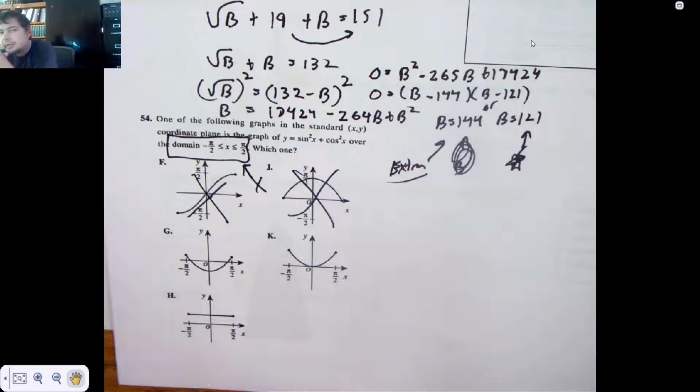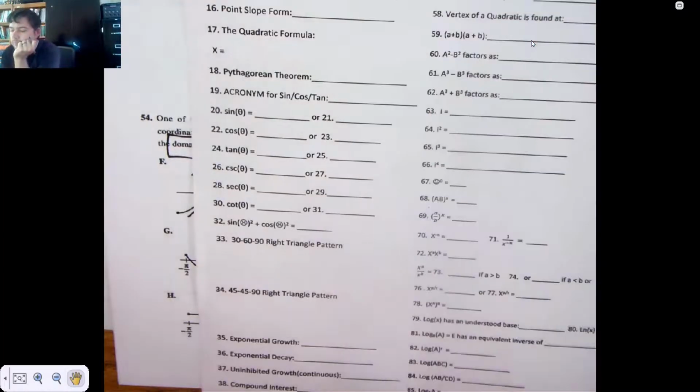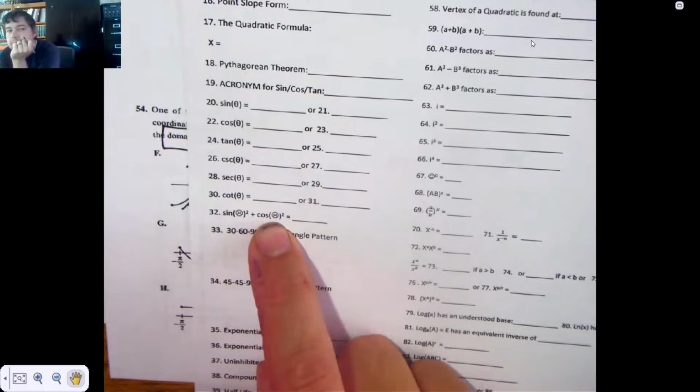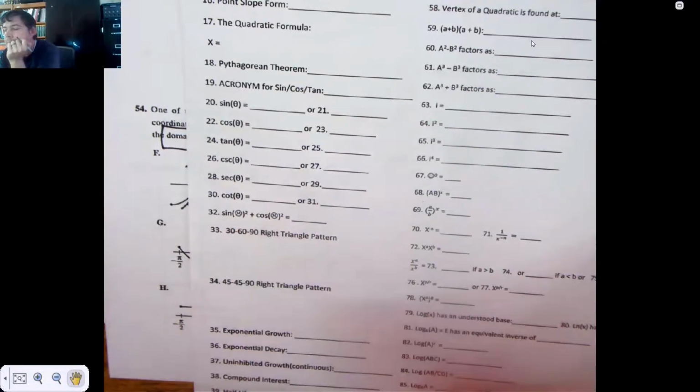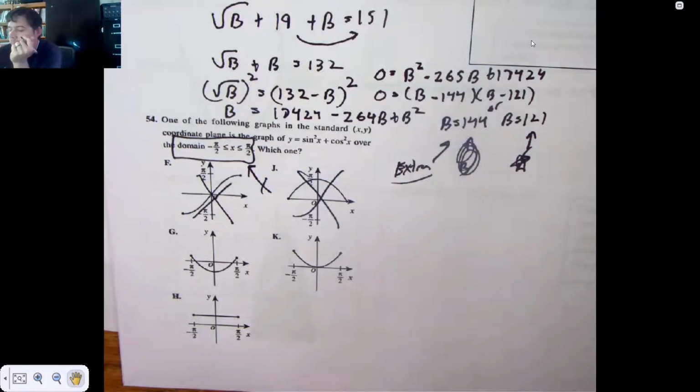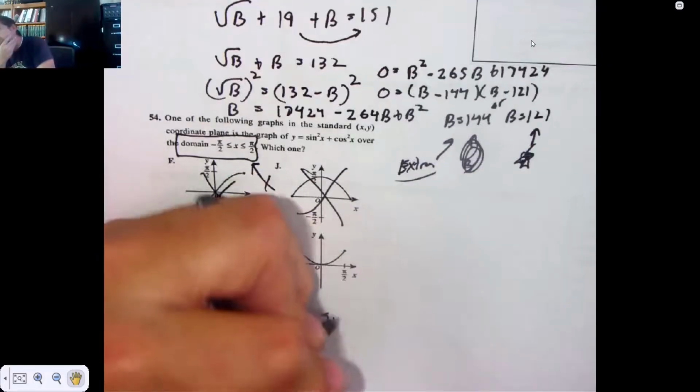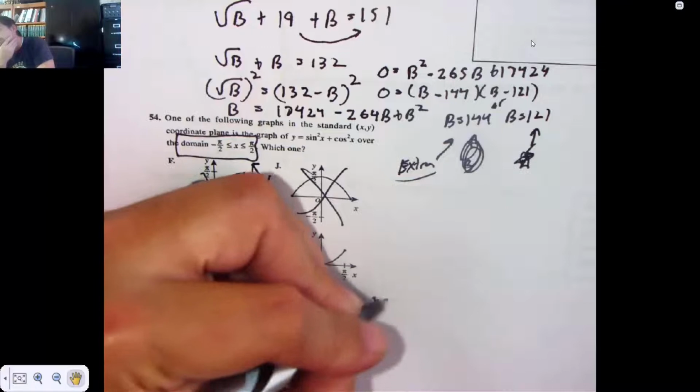This is actually a really easy problem for anybody who studied the form quiz. You see that guy right there? That guy right there? That's how you do this problem. Sine squared plus cosine squared is 1.